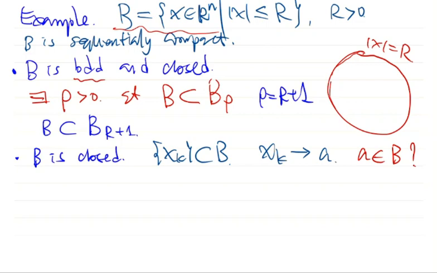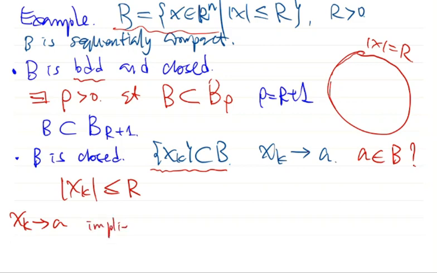This is very simple. x_k belongs to B means that the norm of x_k is not greater than R. But x_k converges to a, which implies the norm of x_k converges to the norm of a.